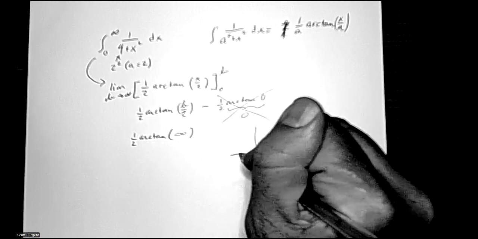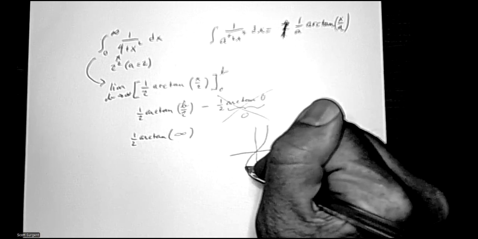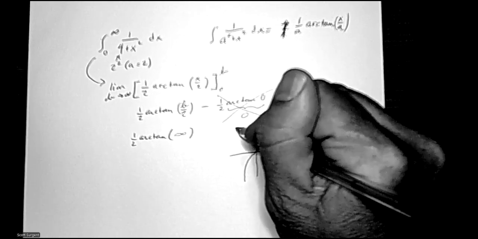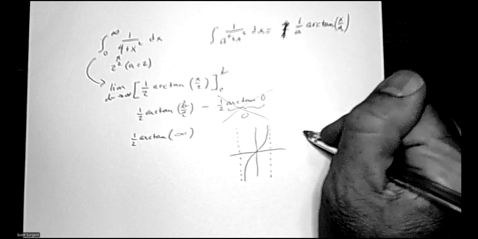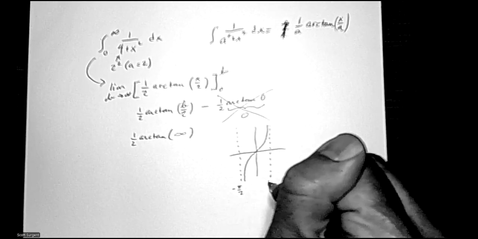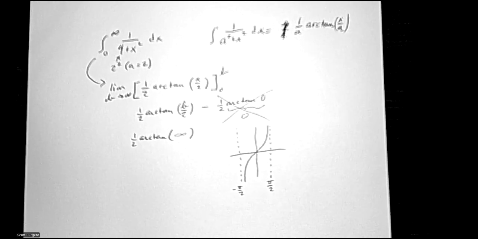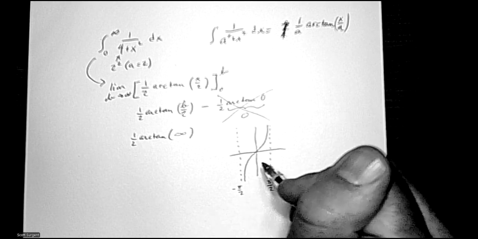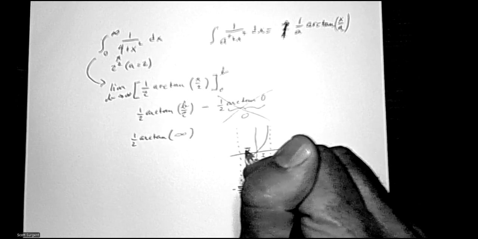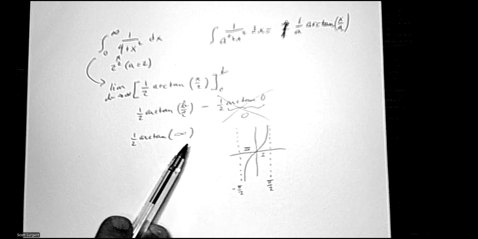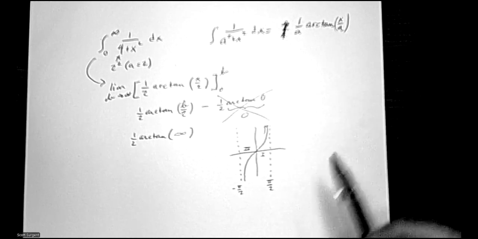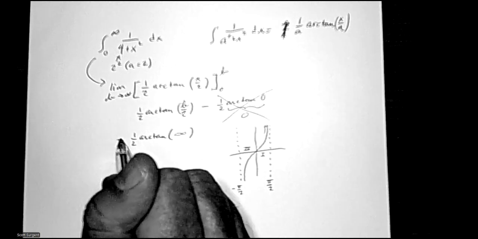If you remember what the arctan graph looks like, the tan graph actually looks like this. It has multiple branches, but it has asymptotes at odd multiples of pi over 2. The arctan is by definition always going to be in quadrant 1, which will be over here, or quadrant 4, which will be back here. So basically you're asking, as the arctan goes off to infinity, what is the value trending toward?